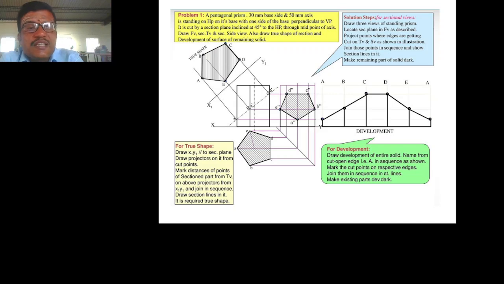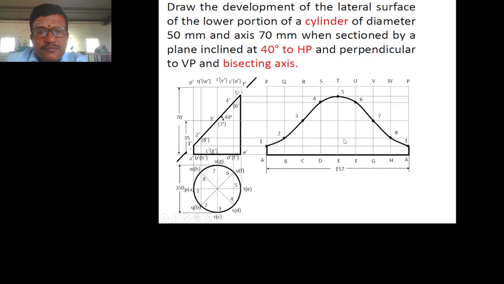So that will be the capital B. Similarly, draw for C, D and E. Now join A, B, C, D, E. So this will be the true shape of the section. So this is the developed surface of a prism.